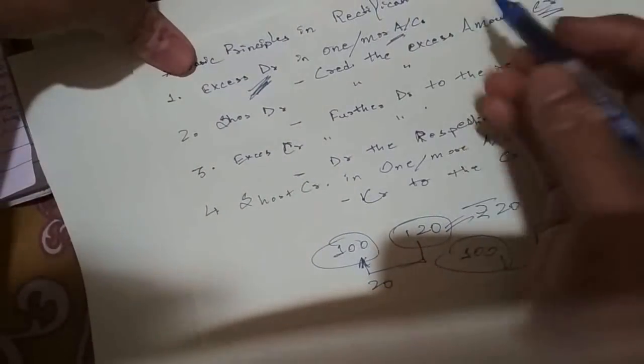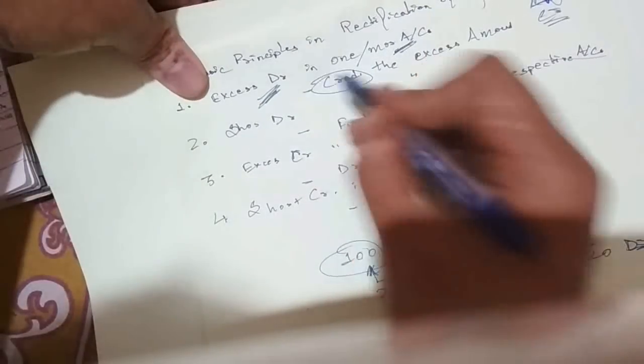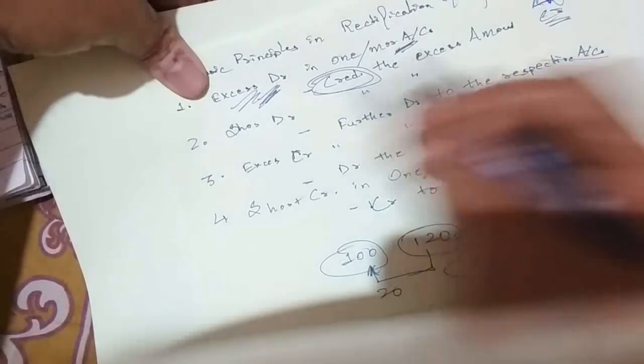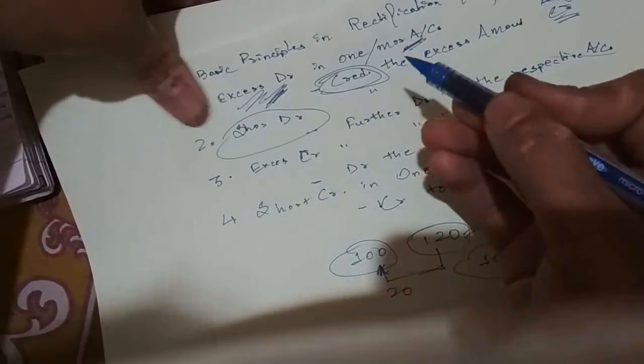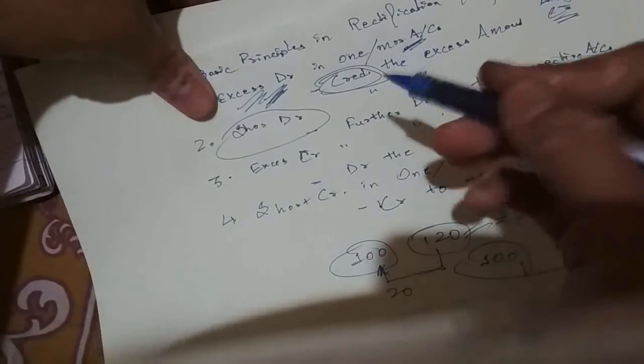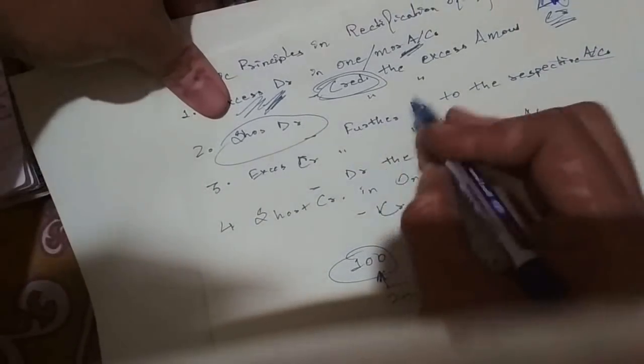Let's say you have excess deducted from someone's account. What will you do? You will credit that amount. So for excess debit you do the credit. Similarly, if the charge is 100 and you deducted only 80, you will deduct another 20 rupees. So this is further debit in case of short debit.